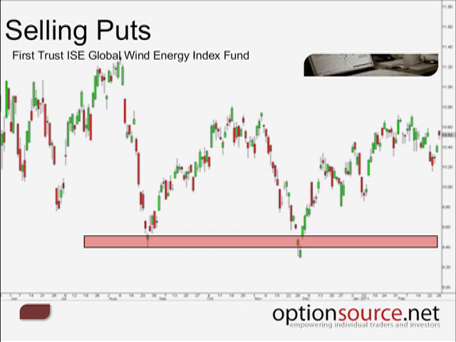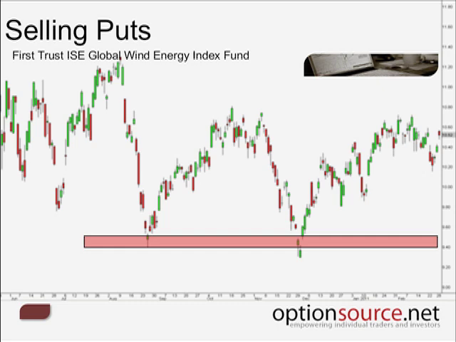And subsequently, you can see that acted like a significant support level. So when we are in the process of selling puts, you at that moment want to make sure you have something in your favor to actually manage that.